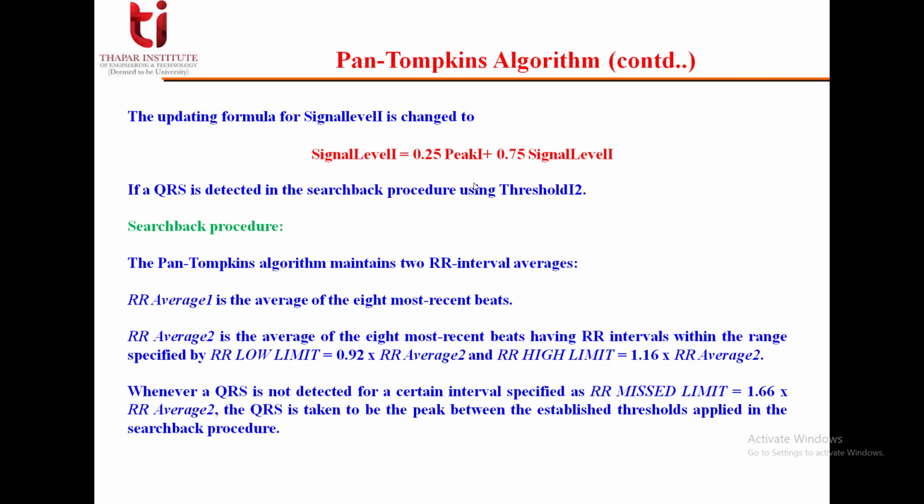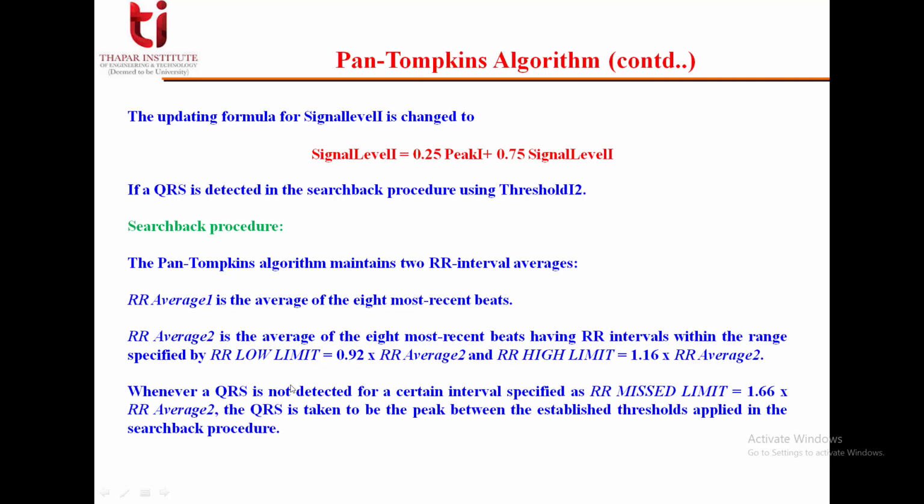RR average 1 is the average of the 8 most recent beats, and RR average 2 is the average of the 8 most recent beats having RR intervals within the range specified by the RR low limit, given by 0.92 times RR average 2, and the upper limit, or higher limit, the RR high limit, which is given by 1.16 times RR average 2.